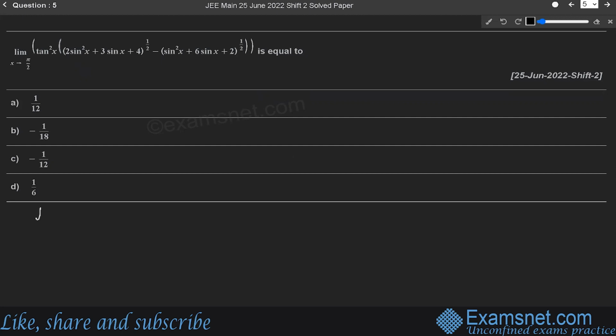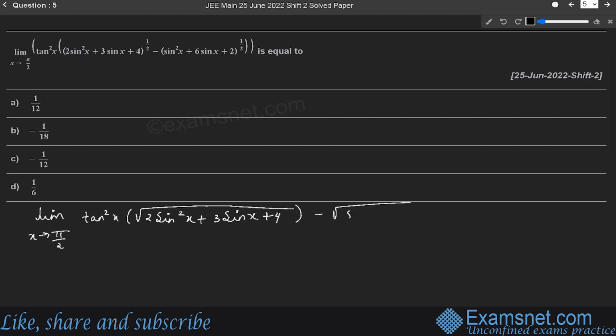So we can write it as limit x tends to π/2 of tan²x × [√(2 sin²x + 3 sin x + 4) − √(sin²x + 6 sin x + 2)].